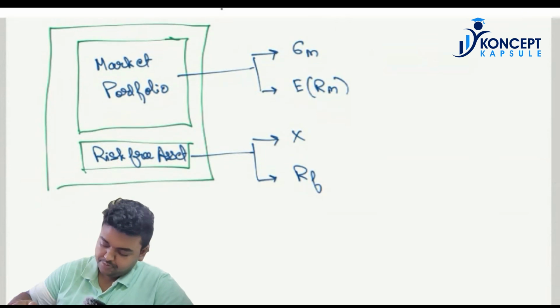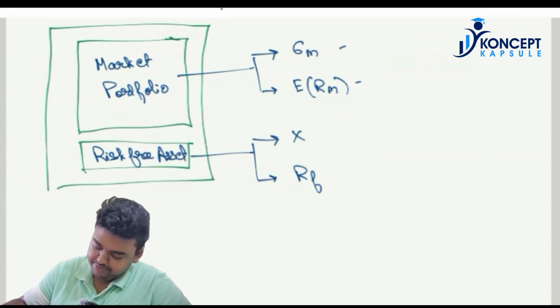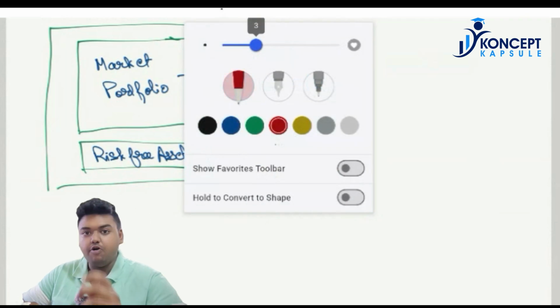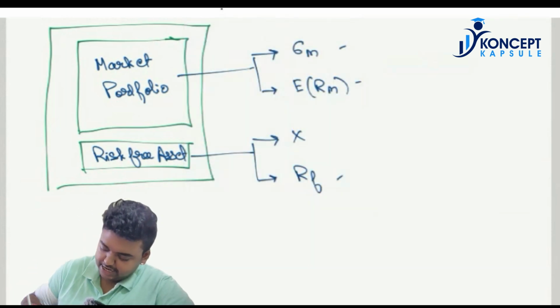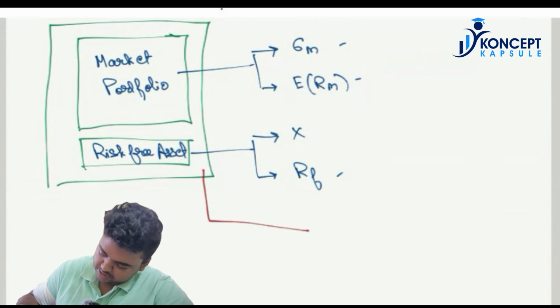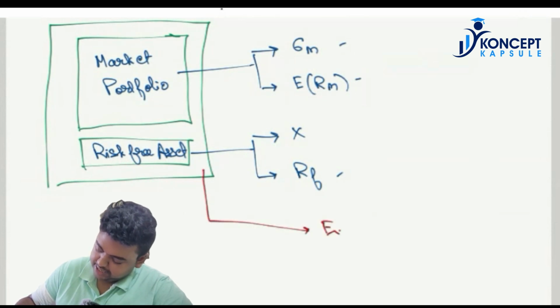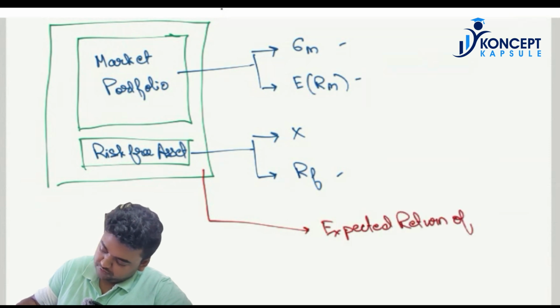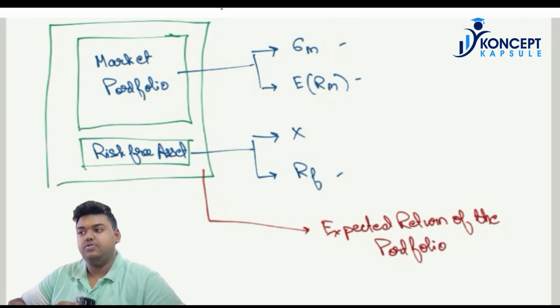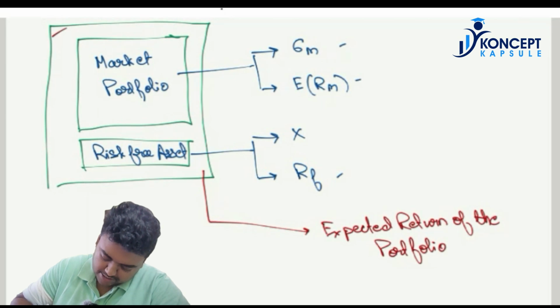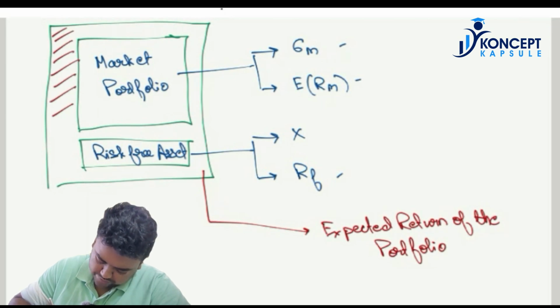Given that we have these measures, what the capital market line equation is saying is that we need to determine the expected return of the portfolio. So basically, we have to determine the expected return of this portfolio.